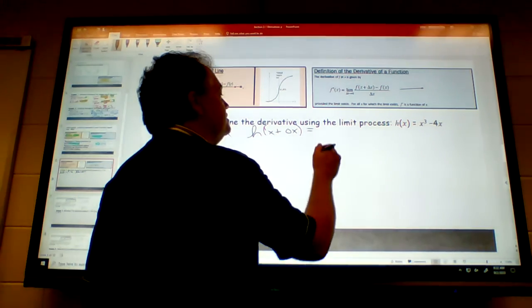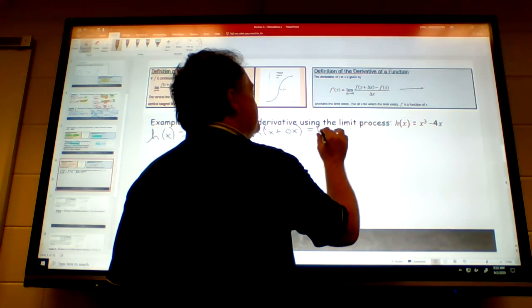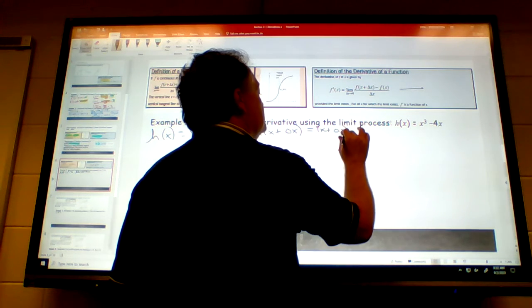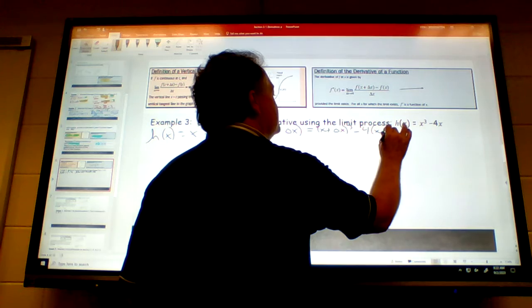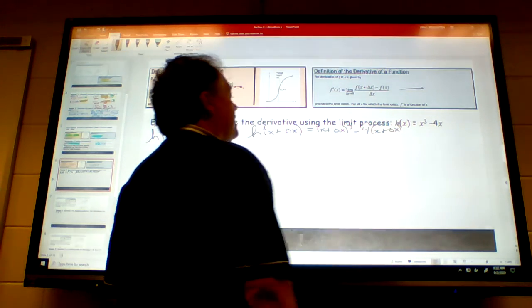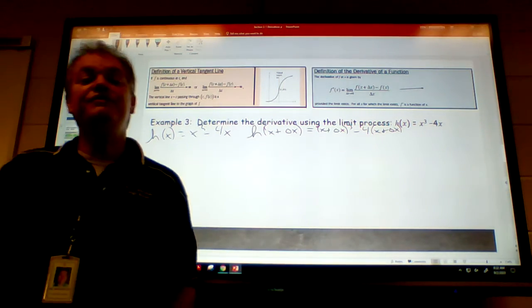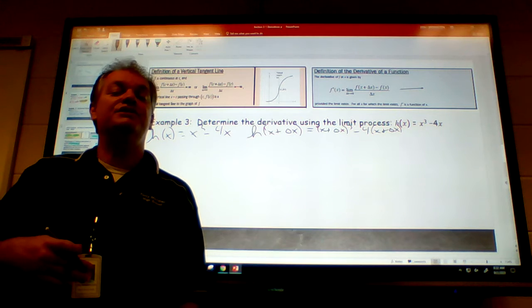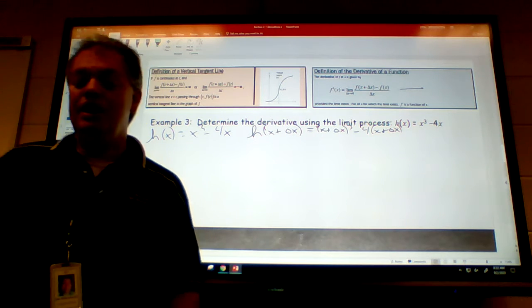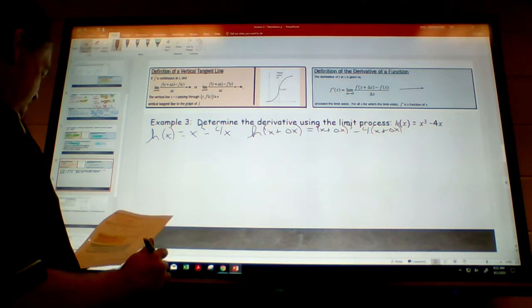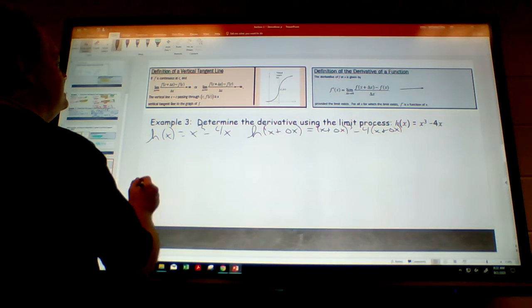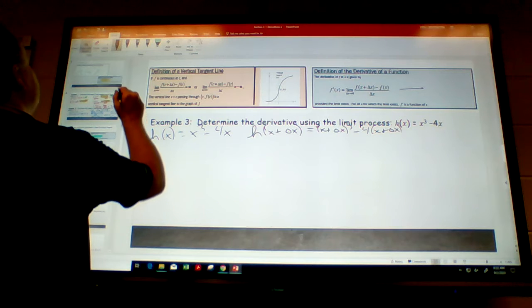All right, so it's going to be x plus delta x cubed minus 4 times x plus delta x. All right. Now, I gave you the information on how to do x to the third binomials like that. So I'm just going to write it down, and you can look it up on your information at your time.